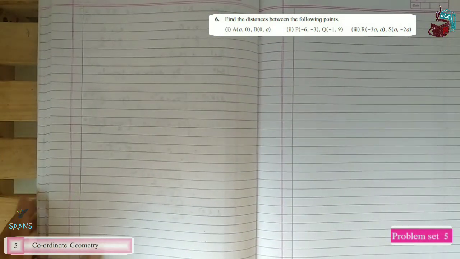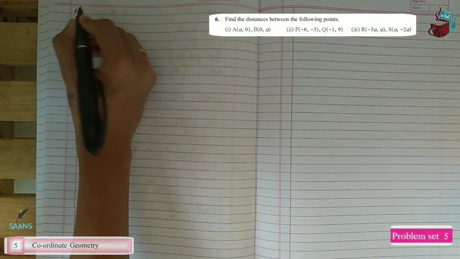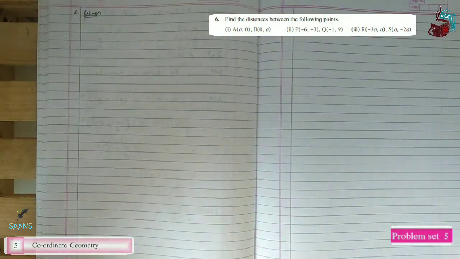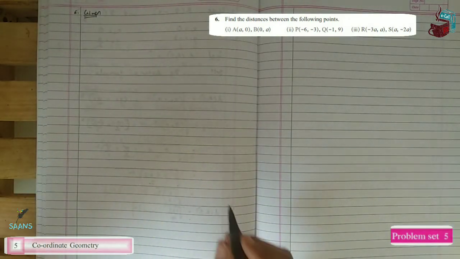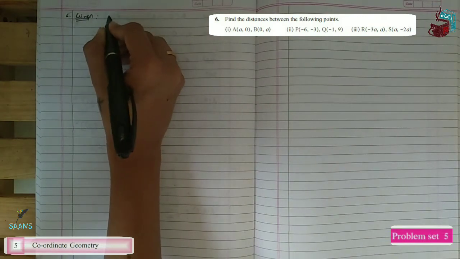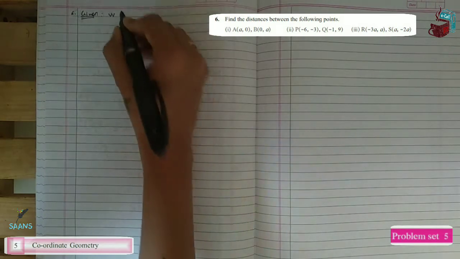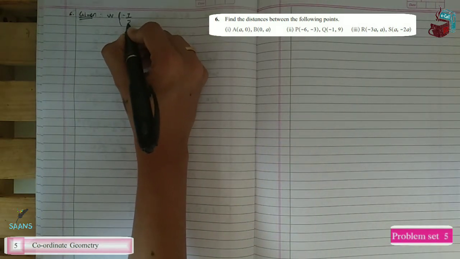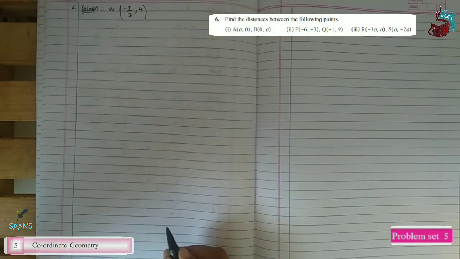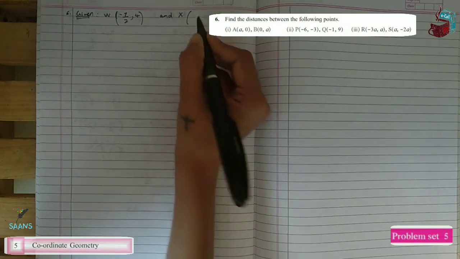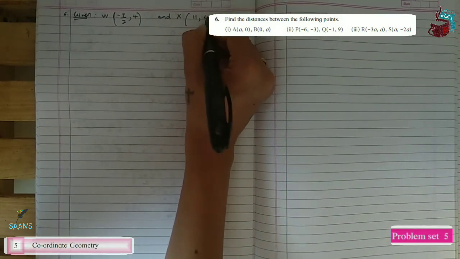So in this given, I'm writing everything so that you all also write everything. Please do not miss it. 6 given. W is represented by minus 7 by 2 comma 4 and X is represented by 11 comma 4.